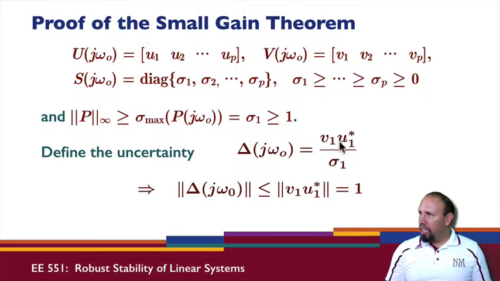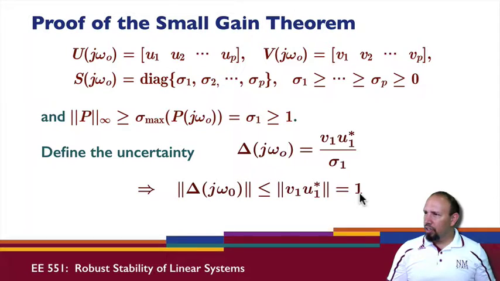But this quantity, because these are singular vectors, has norm 1. Both of these vectors are unit vectors. They have unit norm, and so the norm of this product is actually 1 as well. So here we have an uncertainty less than or equal to 1, and a frequency at which that uncertainty occurs.